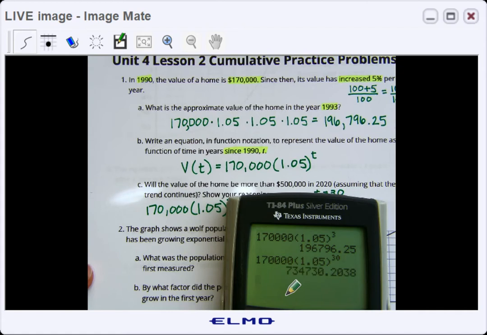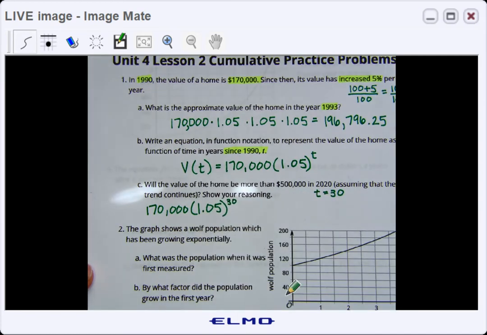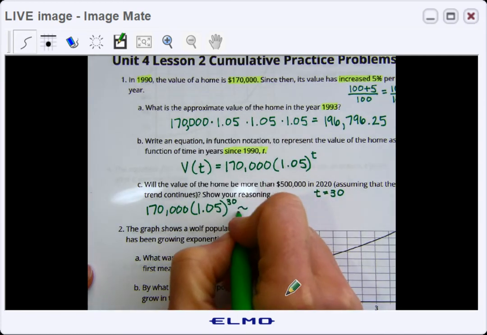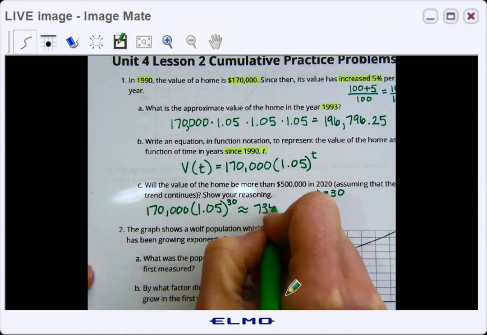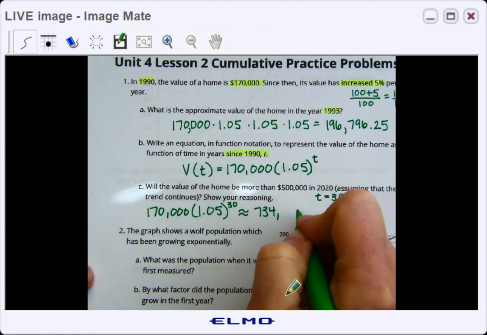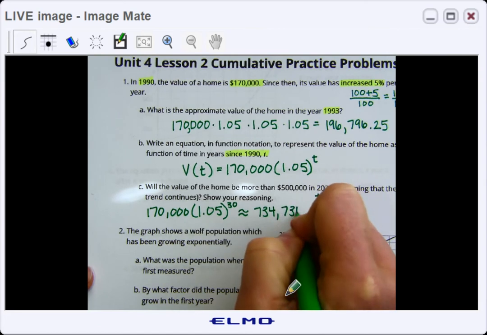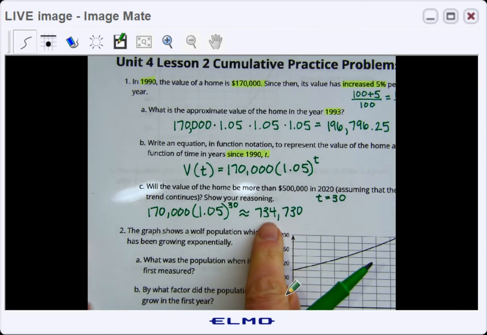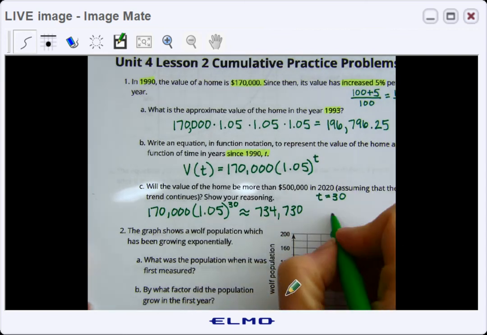And that is just over $734,730. And so since that is more than 500,000, I am going to say yes.